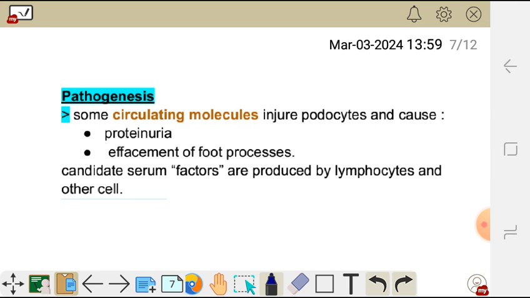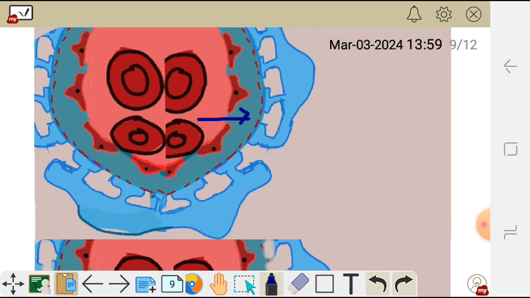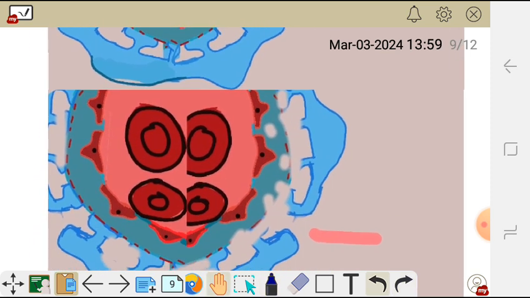disease in the kidney, we have what we call effacement of foot processes. So effacement of foot processes, that is wearing off or degeneration of foot processes. Okay, so we have these foot processes which form slits which are very small, and also form that negative charged layer which repels proteins.